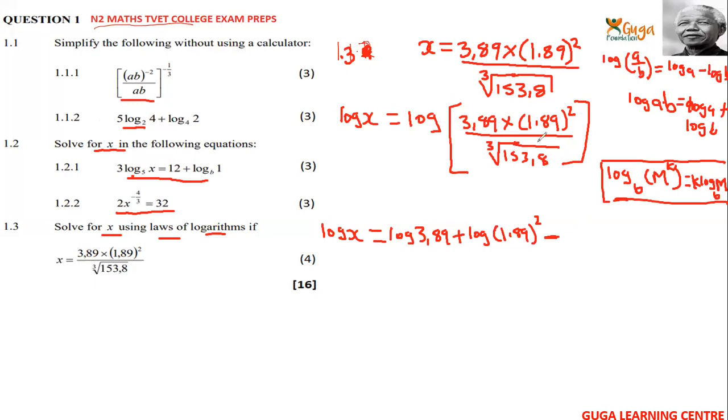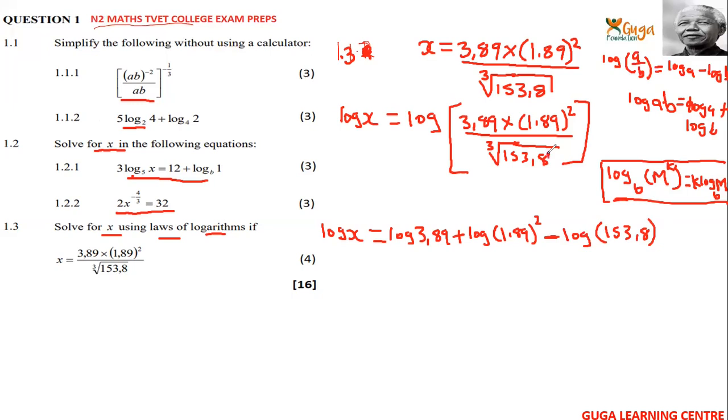So here, because you've got a cube root, I said you've got to the power 1, right? So we can say you've got log of, we can remove the root if we want, log of 153,8, right, to the power of this one.